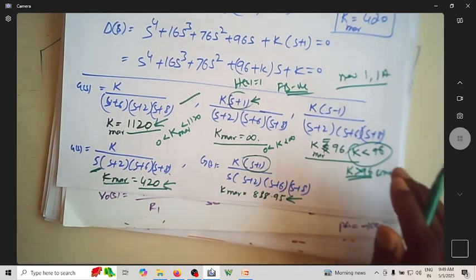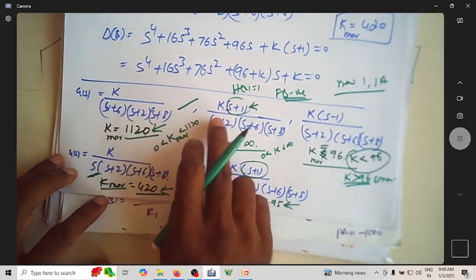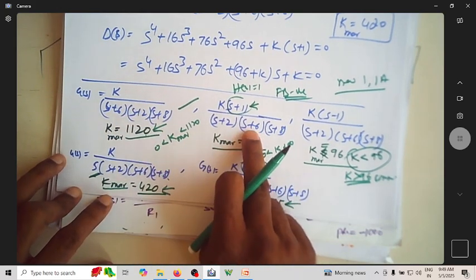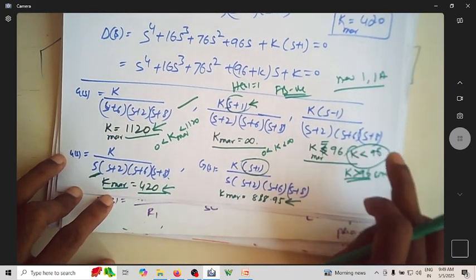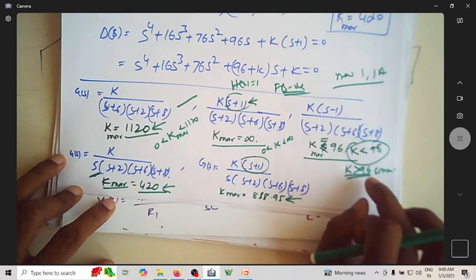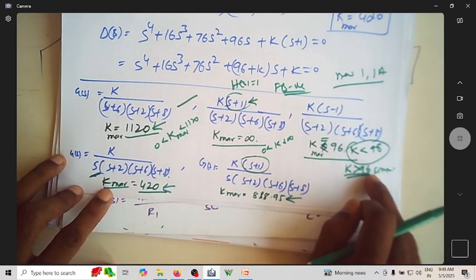So we are trying to play around with the poles and zeros. Here it is conditionally stable, and this has become absolutely stable. This is also conditionally stable, but the range is very much reduced, from 1120 to 96.